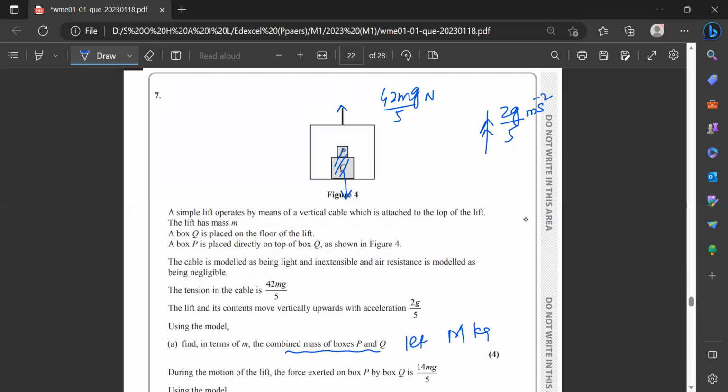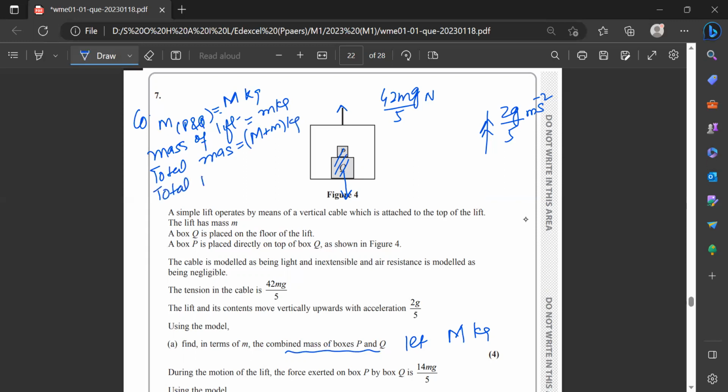So what is the total mass of the situation? This is M plus m kg.